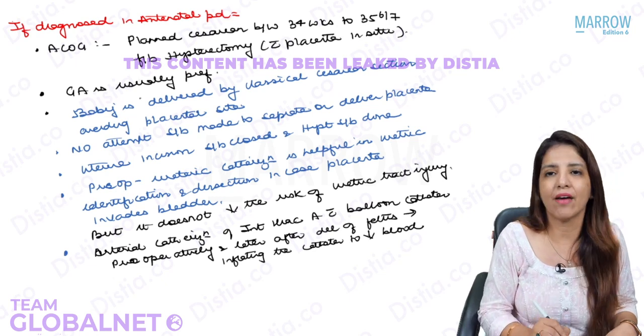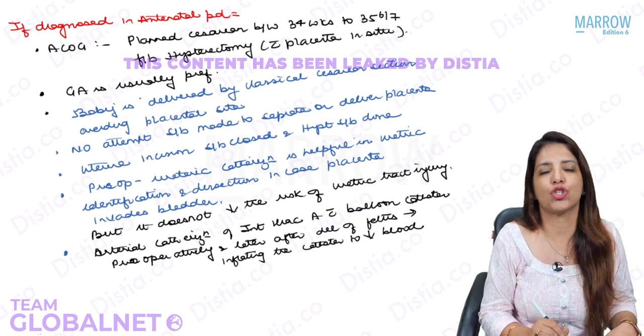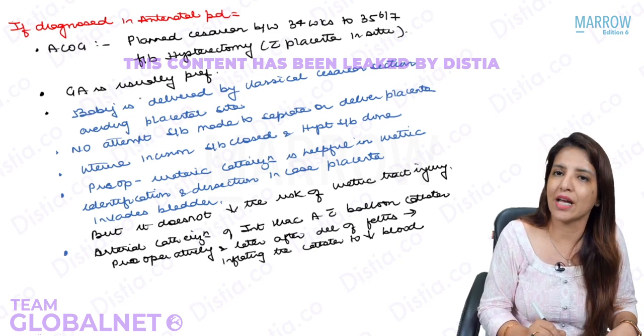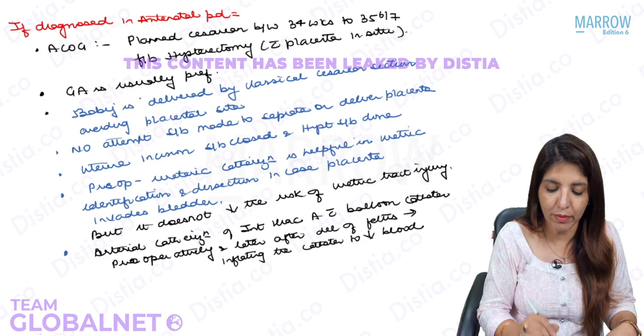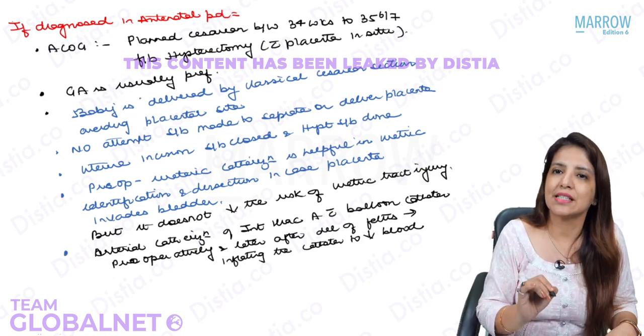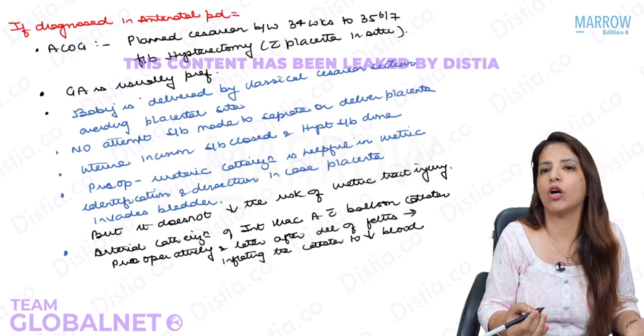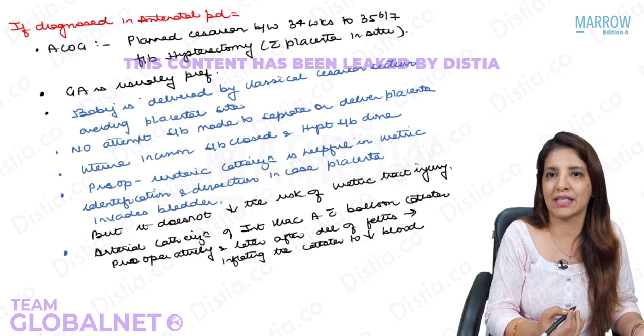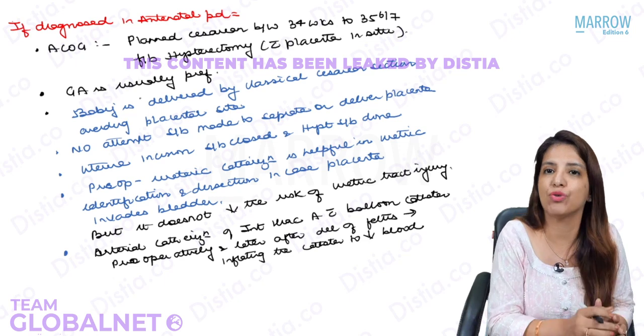Now, once I have diagnosed in the antenatal period that my patient has placenta accreta spectrum, ACOG says that in such a case, I know that I will not be able to separate the placenta, and if I will not be able to separate the placenta, eventually I will have to do a hysterectomy.